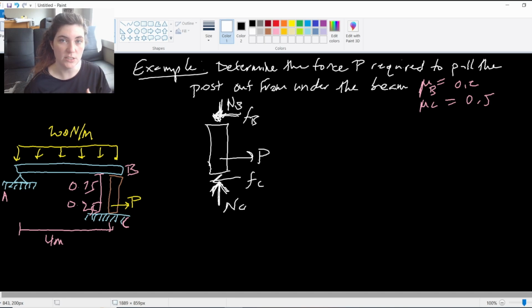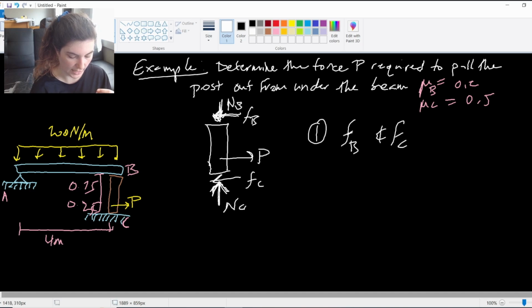And this post will fall out in one of three ways, right? One is that both ends are going to slip at the exact same time. That would be that our friction at B and our friction at C are both in a slip condition. So they're both causing slip.